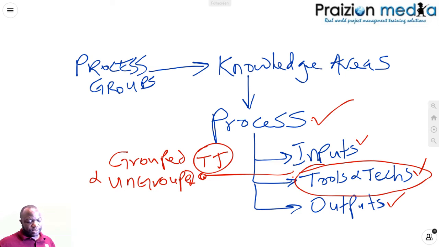The PMBOK Guide 6th edition presents tools and techniques differently from previous editions. Where appropriate, this edition groups tools and techniques by their purpose. The name describes the intent of what needs to be done and the tools and techniques. Isn't that interesting? Kind of different.